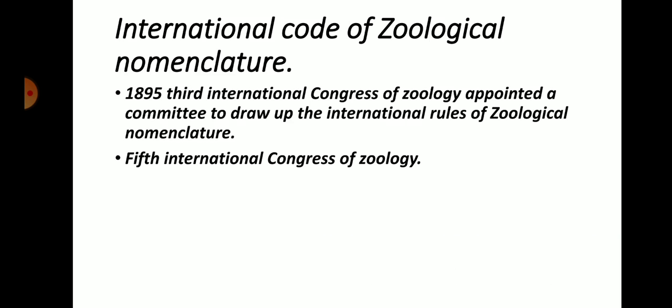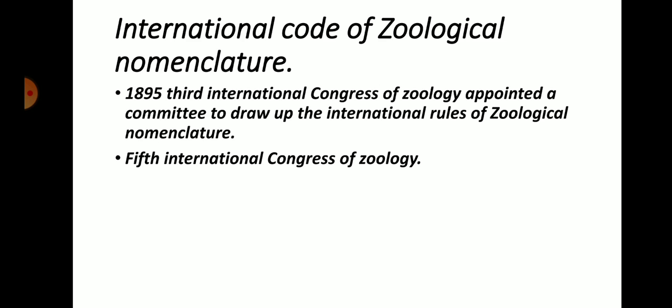International Code of Zoological Nomenclature: in 1895, the Third International Congress of Zoology appointed a committee to draw up the international rules of zoological nomenclature, and these were adopted by the Fifth International Congress of Zoology in 1901 as the International Code of Zoological Nomenclature.